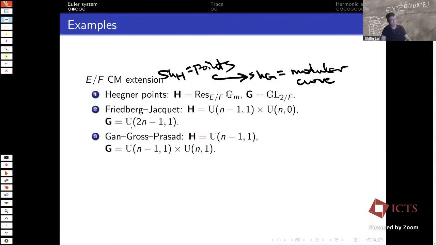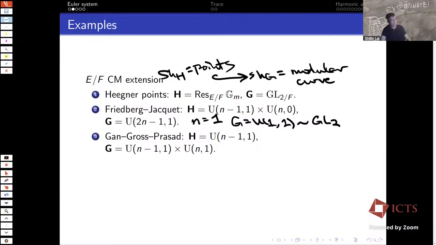And this just represents signature. So if n equals 1, G is U(1,1), which is up to isogeny GL2. And H is up to isogeny a torus. So that's the Friedberg-Jacquet case.